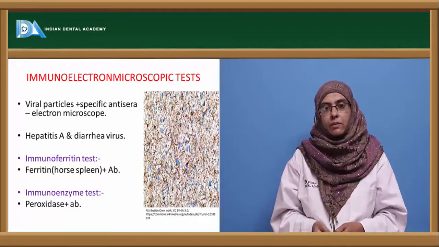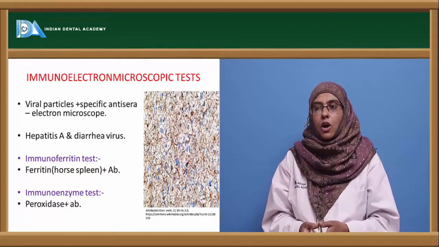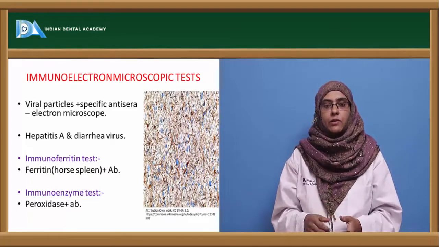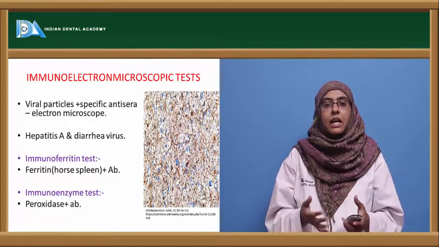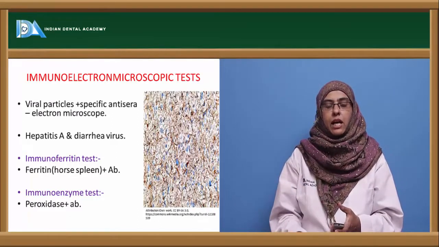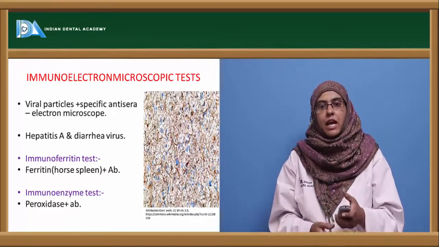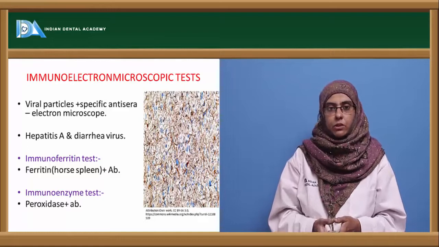Apart from that, you can go for the immunoferritin test, where the ferritin, which is a highly electron-dense material from horse spleen that is used in electron microscopy, is conjugated to the antibody, mixed with the test serum or the test antigen and seen under the electron microscopy.